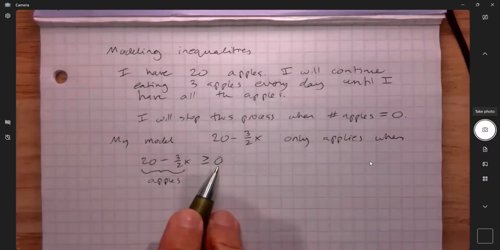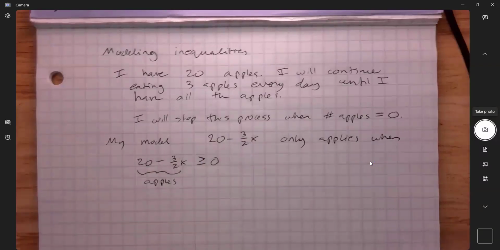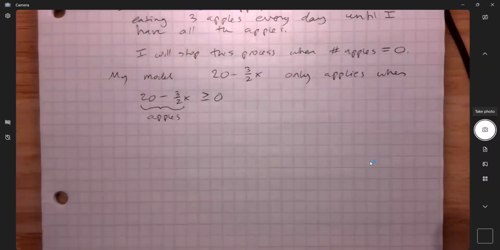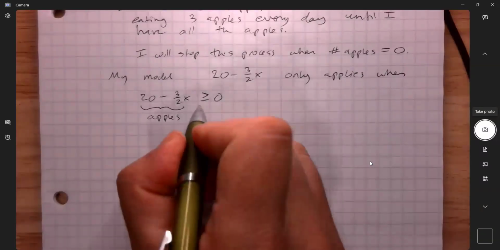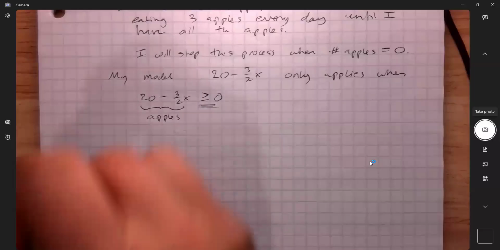So modeling inequalities is pretty similar to just modeling any old mathematical situation, except now we like to think about maybe when does that model break down? What's some critical point?